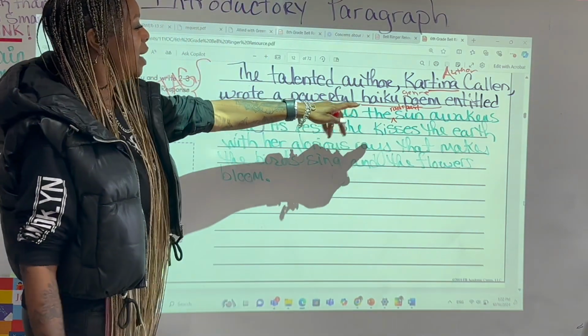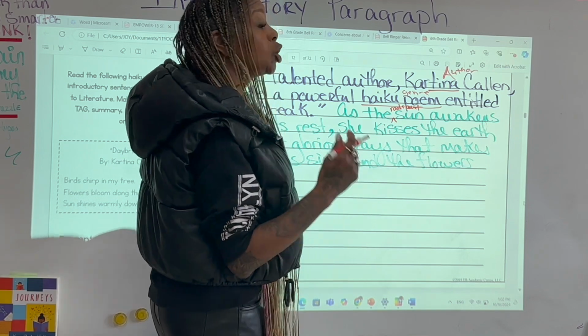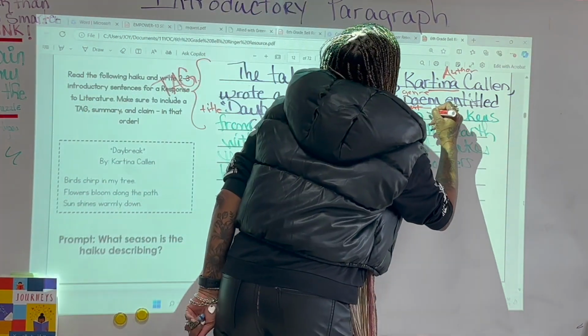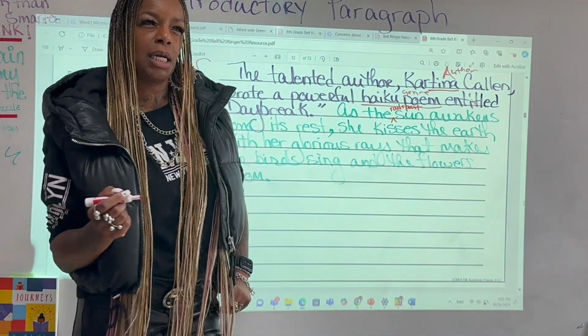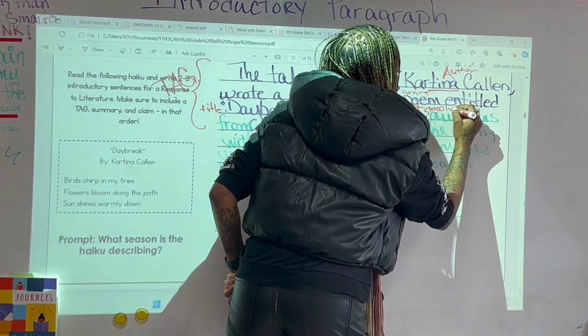Running is a verb. How can we add quickly? Fast. Hastily running? So you're adding to the verb, which is called an adverb. Okay, here we go. As the radiant sun slowly awakens. Okay? What should we say? Slowly, I'm just going to, and I can always go back.